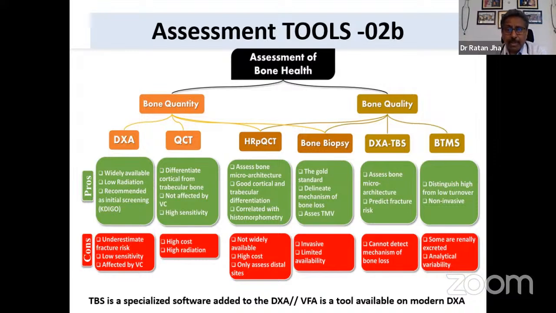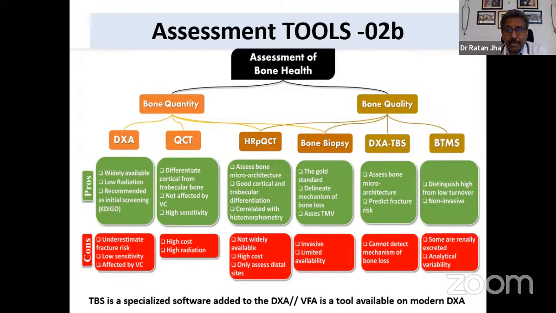The bone quality can also be assessed by DEXA coupled with trabecular bone scoring, because these days this is added as software to the conventional DEXA scan. When we have both together, DEXA and trabecular bone scoring, it assesses the bone microarchitecture better.